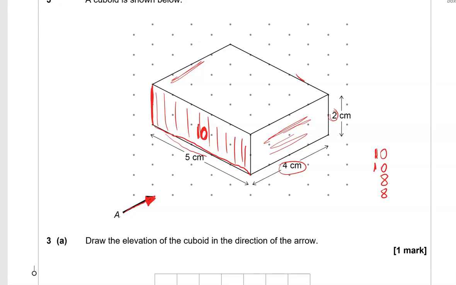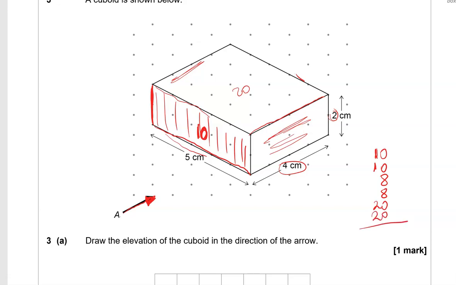So we've got these ones already sorted. Now at the top, we've got dimensions of 4 centimeters by 5. So that is 20. And at the bottom will be 20.